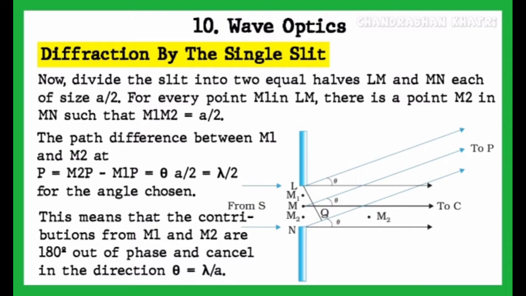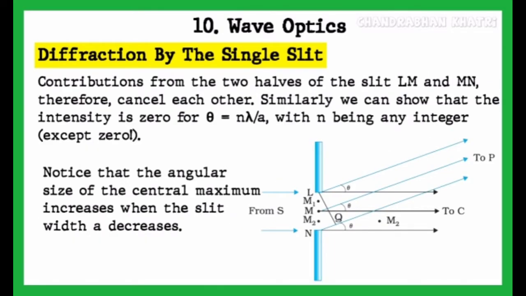This means that the contributions from M1 and M2 are 180 degrees out of phase and cancel in the direction theta equal to lambda by a. The contributions from the two halves of the slit, LM and MN, therefore cancel each other.